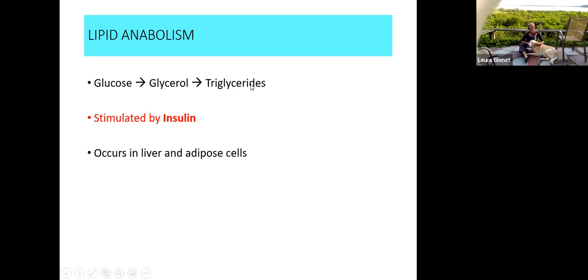So what this means is that if you eat more carbohydrates than you burn off every day, it gets turned into fat. All food, if you eat excess, if you take in more calories than you burn off, it gets stored. And if you keep doing that, then it becomes stored as fat. It's stimulated by insulin, and occurs in liver and adipose cells.